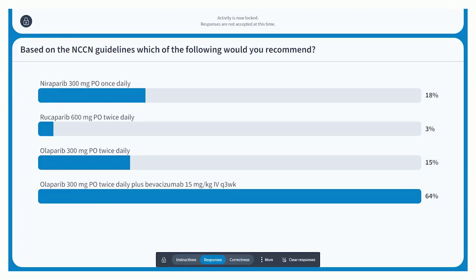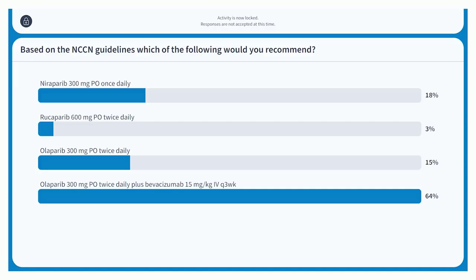All right. And so the correct answer is olaparib plus bevacizumab for this patient. And really the reason is there's a couple factors for this. One, they received bevacizumab with their upfront treatment. So it is an option, and if they responded well, we should continue bevacizumab as a maintenance. Additionally, the patient is HRD, so she actually wouldn't qualify for olaparib as a single agent upfront, because that's only for BRCA mutated patients.